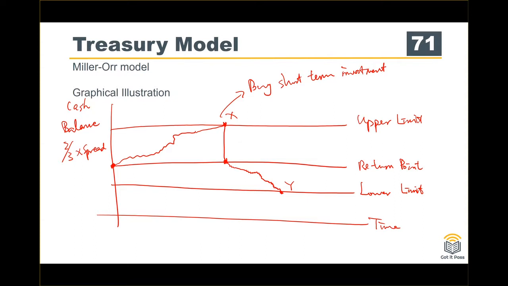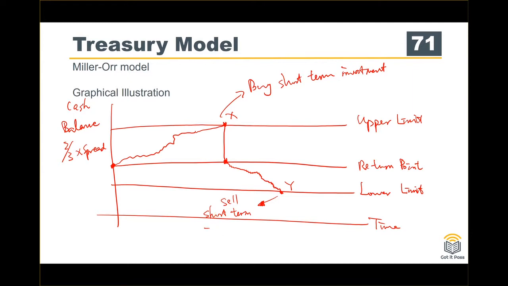You cannot accept any further decline at this level. So you have to sell your short-term investment.